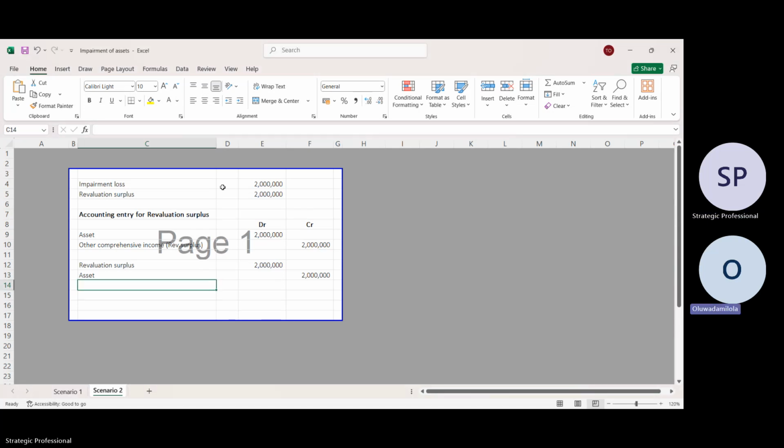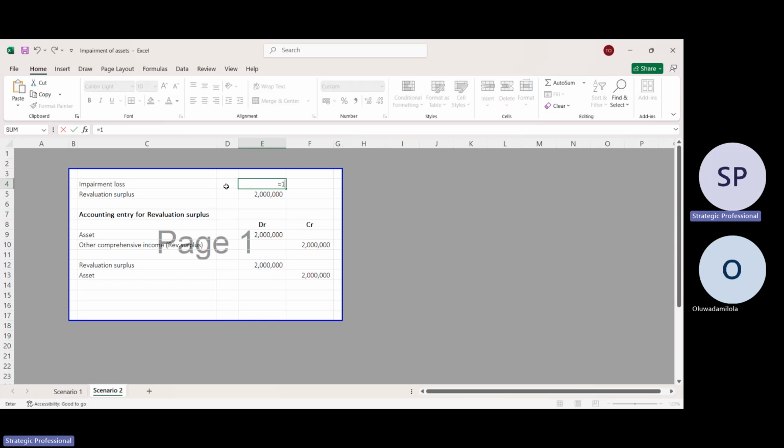So if the impairment loss is, let's say, even 1.5 million, what we'll do is we'll debit revaluation surplus with 1.5 and we'll credit asset 1.5. Okay.